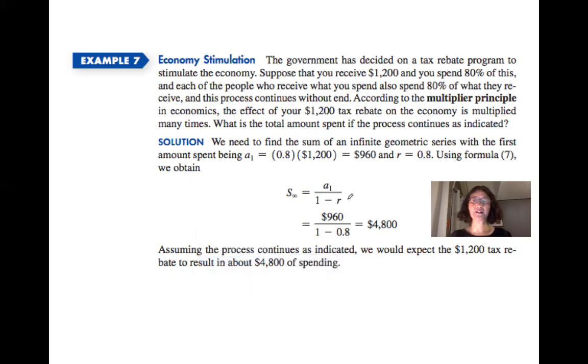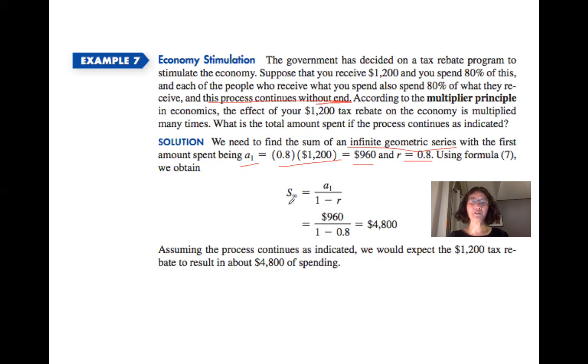This one is an infinite geometric series because this process continues without end, meaning infinite. The first term A1 is 80% of $1,200, and R is 0.8, or 80%.